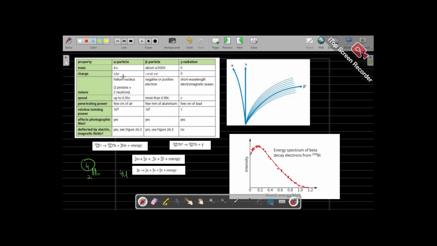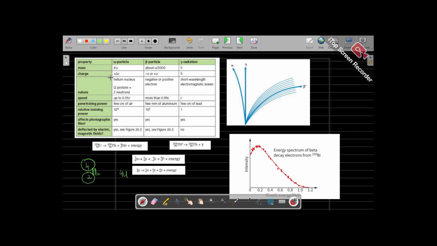Then we have their charges. Charge is because of protons in the nucleus, right? Because neutron does not have a charge at all. So depending on how many number of protons were there in the nucleus of alpha, that is in the nucleus of helium, 2 protons, it is plus 2e, where this e is the fundamental charge.